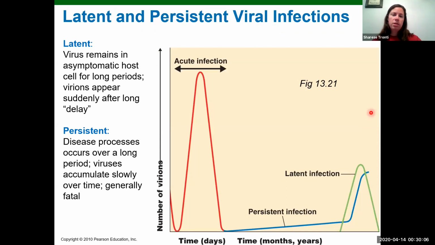And lastly, we're going to talk about latent versus persistent. So here in red, before we even get to that, we can look at acute infection. This is something that's going to jump right into the lytic cycle and cause infection immediately. The reason we see this drop here in the number of virions is because these virions are moving into the cell where they're going to be replicated.